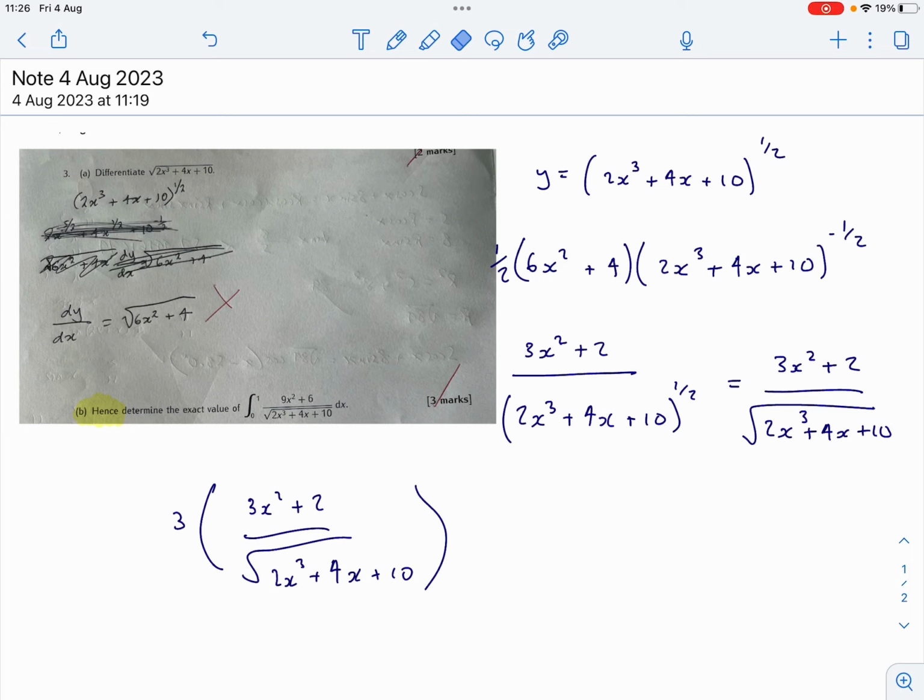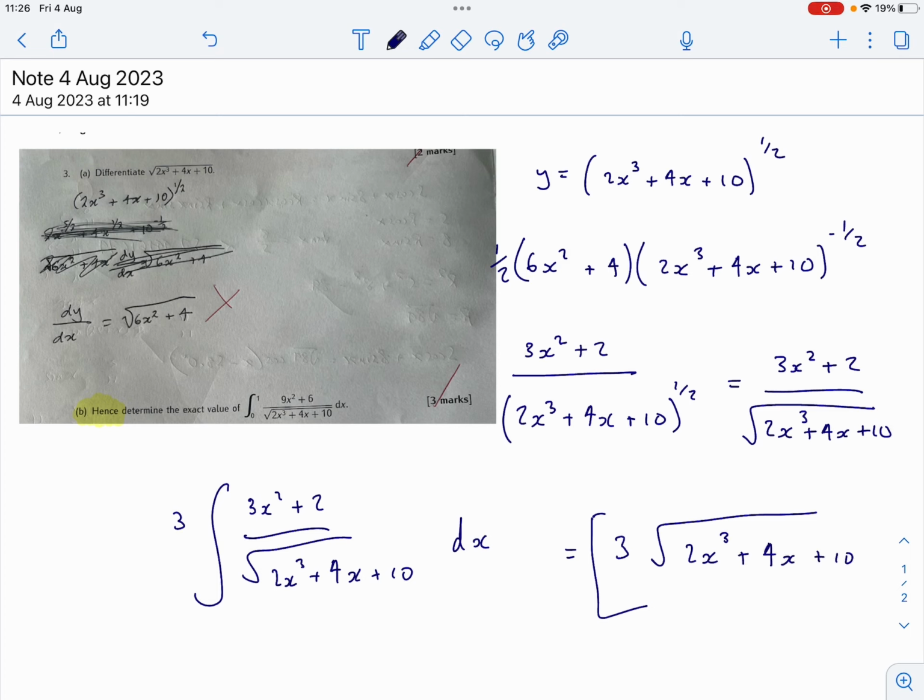I'm going to sneak that integral sign in here, save me writing it out again. So if we do this integral, I'm just going to get 3 lots of the thing that I had to differentiate in the first part of the question. And we can evaluate that between 1 and 0.